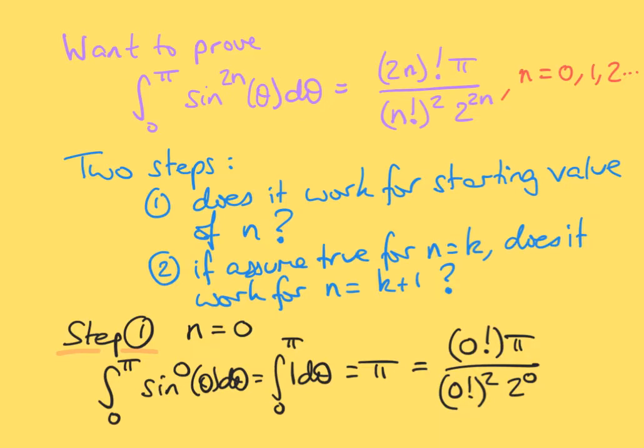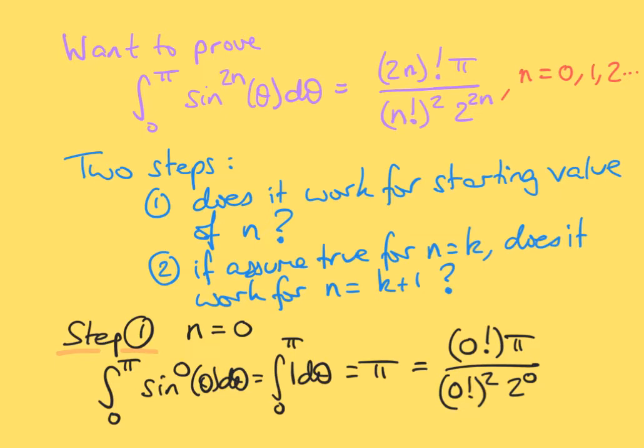Let's remember the format of a proof by induction. What we should start with is, does it work for the starting value of our label n? In our case, n's starting value is 0. So I want to see, does this work for n is 0? After all, it might be that somebody's made a mistake writing this out, and you spend some time trying to prove it with step 2 when it's actually wrong.